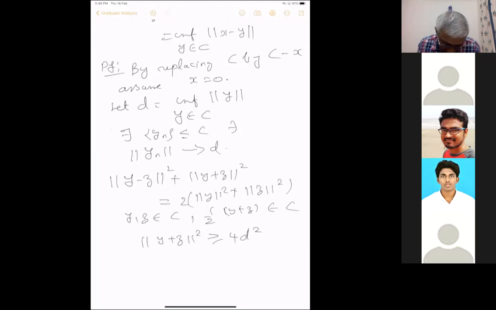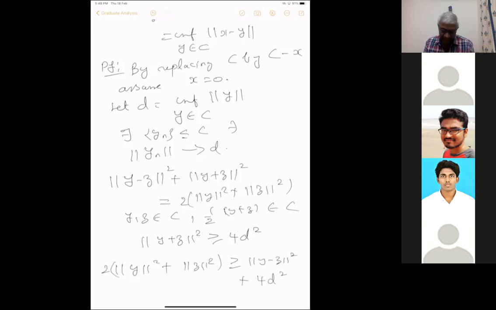That is true. So that inequality becomes: 2 times norm Y square plus norm Z square is greater than or equal to norm Y minus Z square plus 4D square.